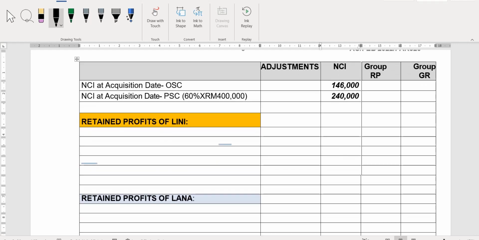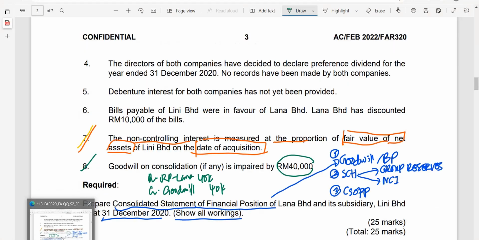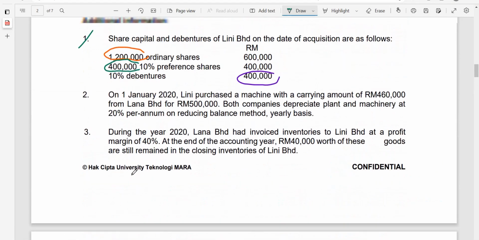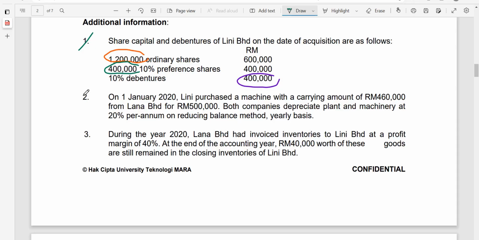Now we proceed to other information that was given in the question, which is normally on intercompany transactions. So let's look at the first one, number 2. I will be doing all the adjustments first with simple journal entries, then I will show the transfer of that to the schedule.